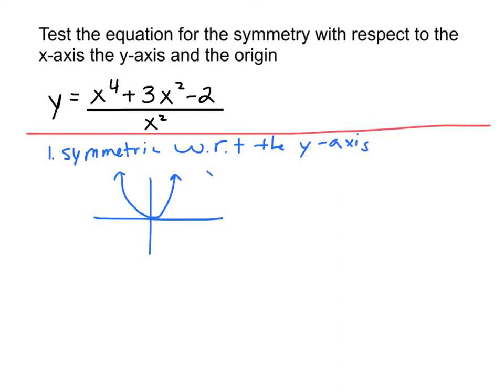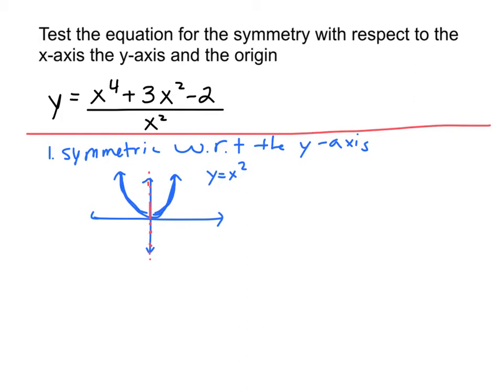The graph I'm trying to draw here is y equals x squared. The reason this is symmetric is that if I were to fold it over here, maybe my drawing's not perfect, but the idea is that these two lines would line up on each other. So it's symmetric around the y-axis.